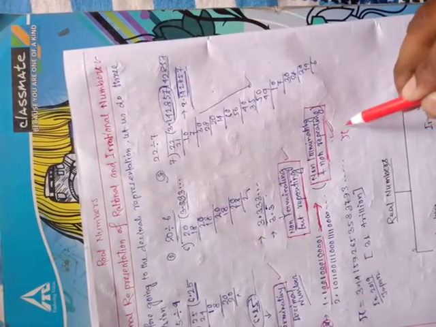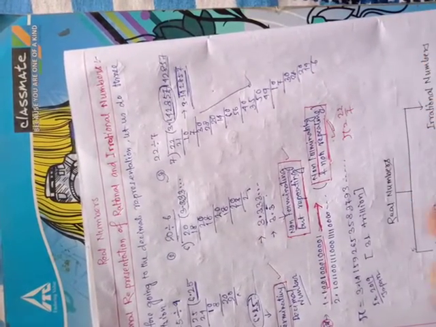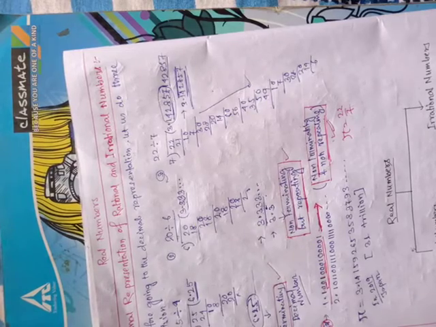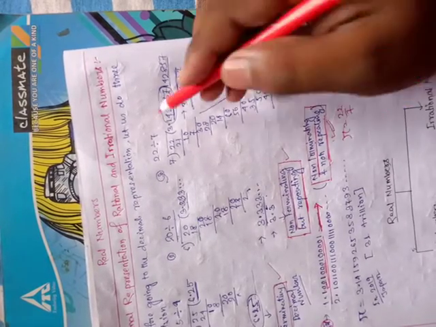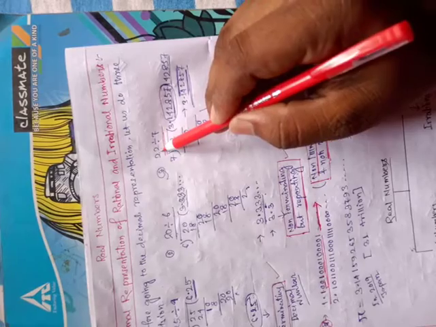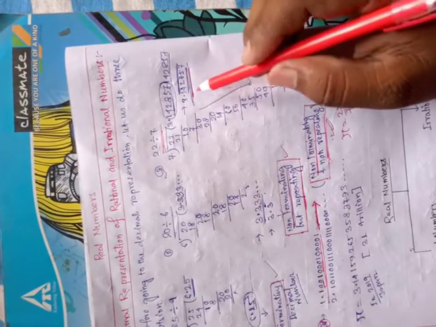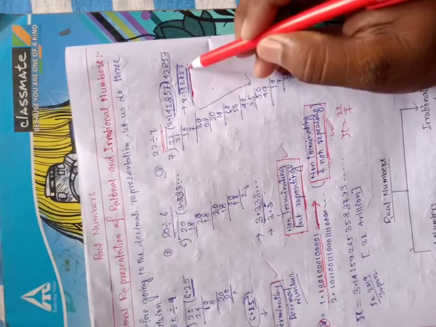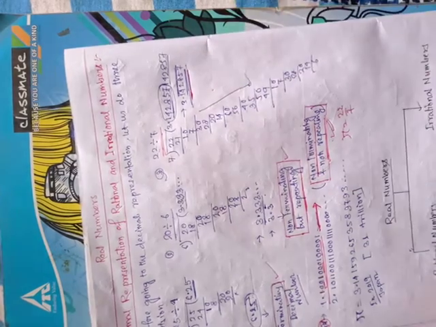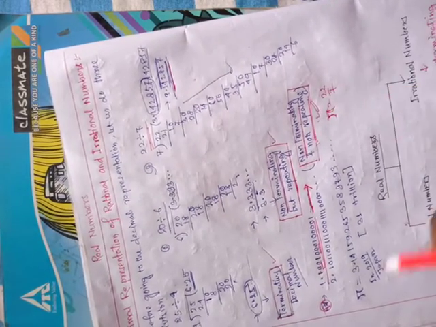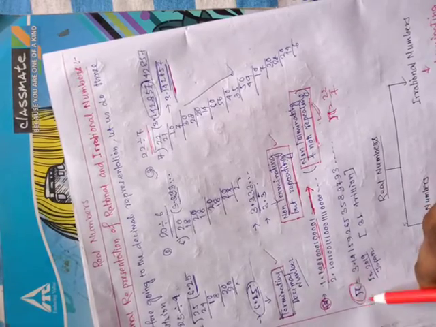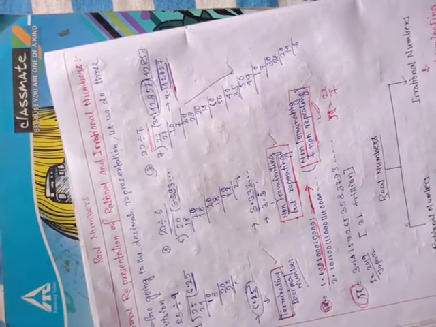Now we use pi equal to 22/7 in several areas. Here we see that 22 divided by 7 has a decimal representation that is non-terminating but repeating. But actually the decimal representation of pi is non-terminating, non-repeating.